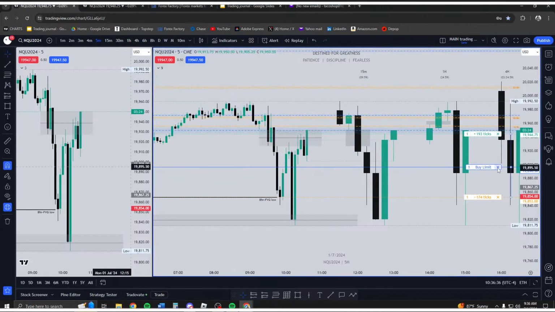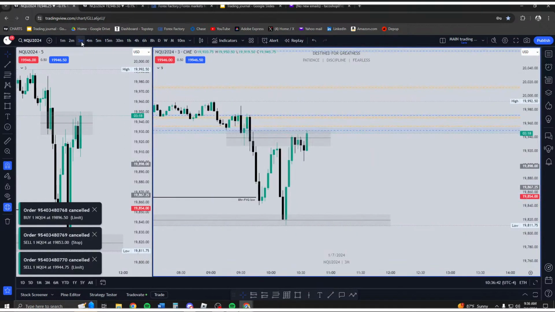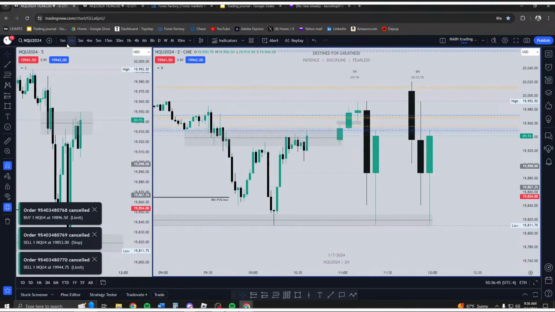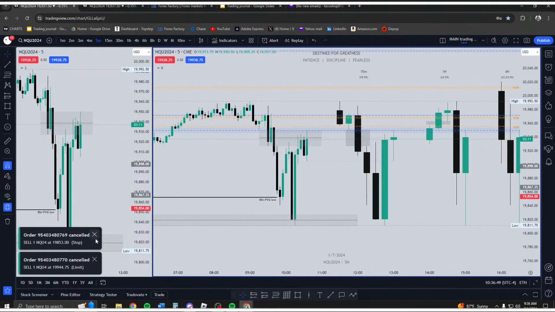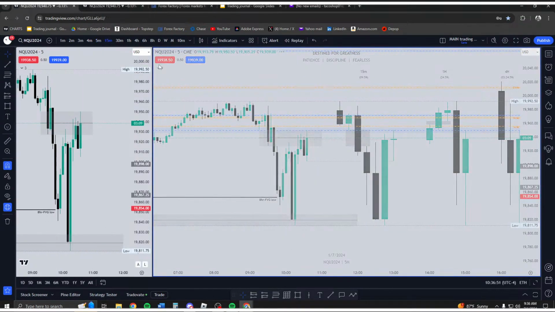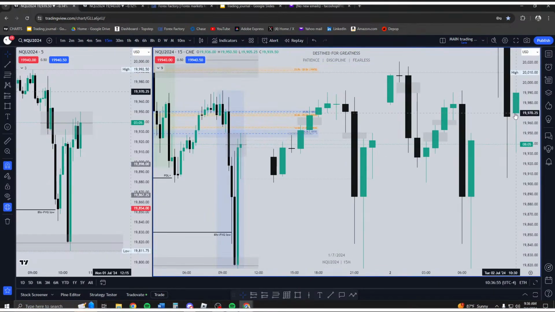Alright, so we took out my objective. So that means I just have to exit the trade, which is cool. Now we wait and see if there's another setup that aligns with our trade idea, but at the moment, no trades.